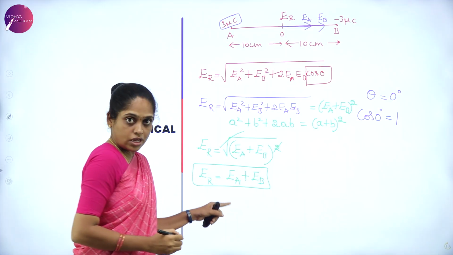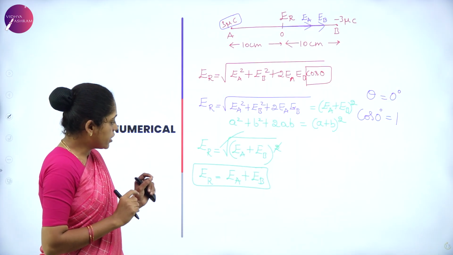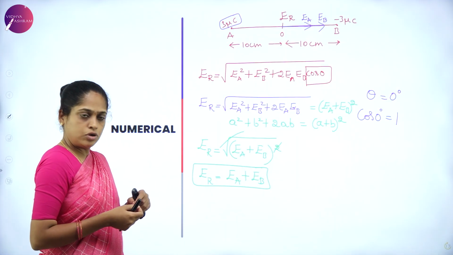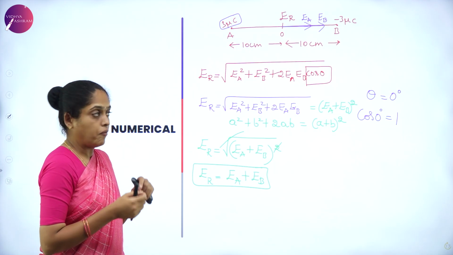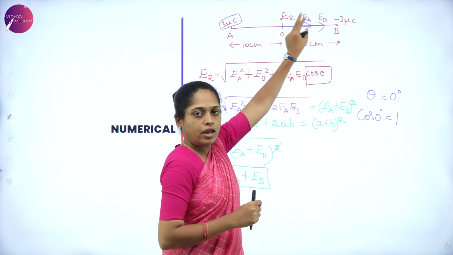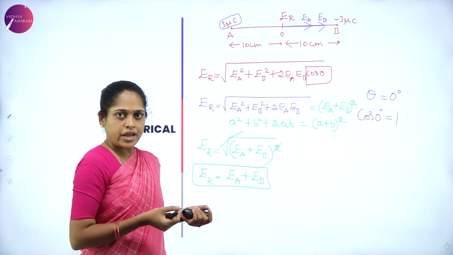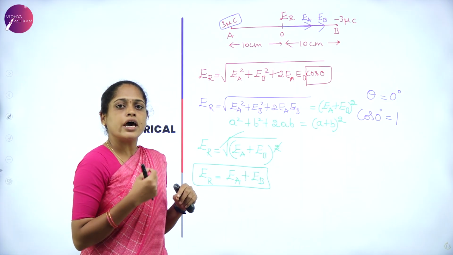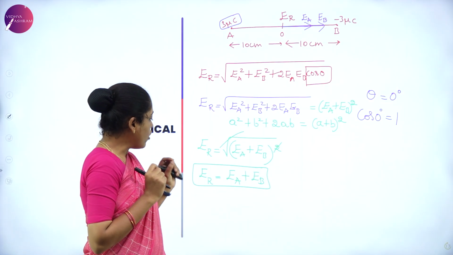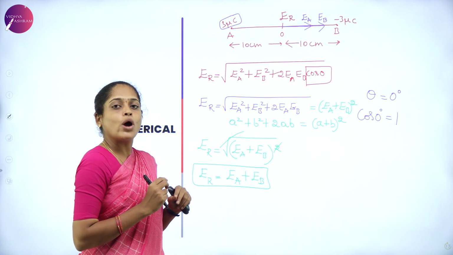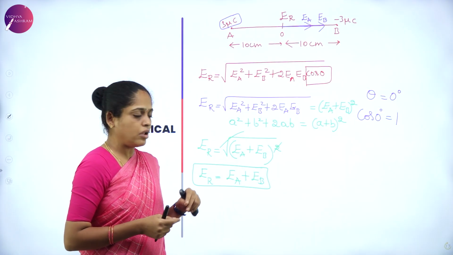Yes, note this down. The resultant electric field is equal to EA plus EB when the two electric fields are in the same direction. If the electric fields are in the same direction, to find the resultant electric field, you have to add the individual electric fields.